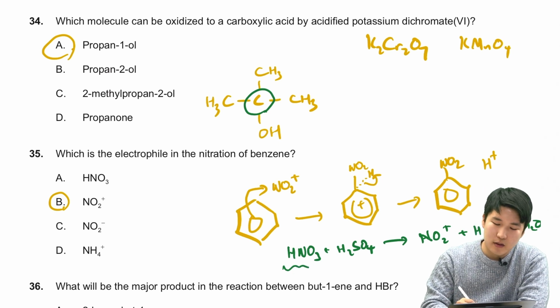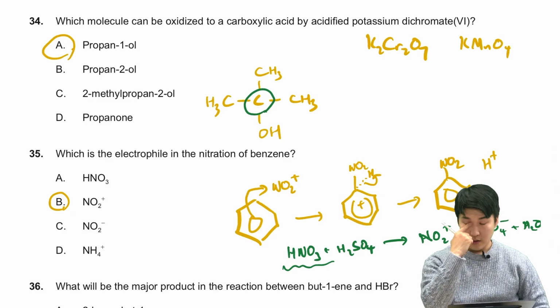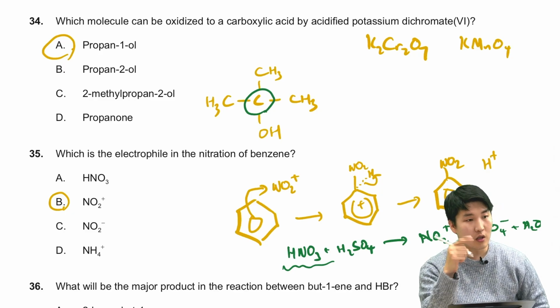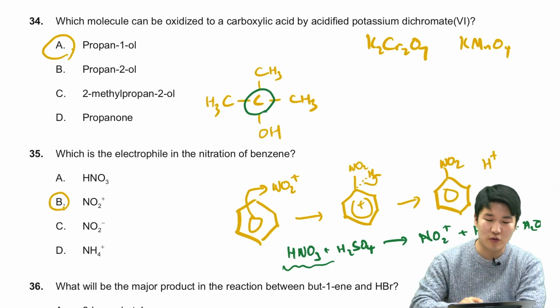So yes, nitric acid is used, but not as the electrophile, but as a reagent needed for the production of our electrophile, the nitro group.